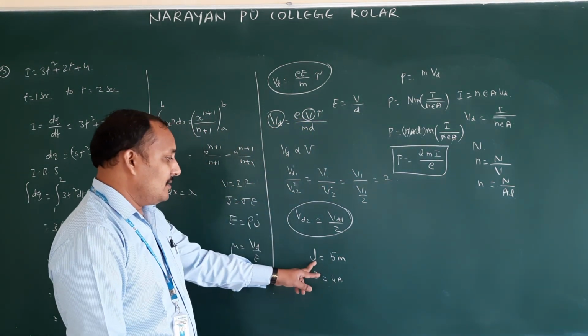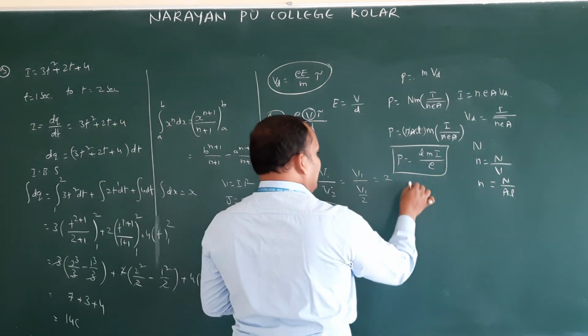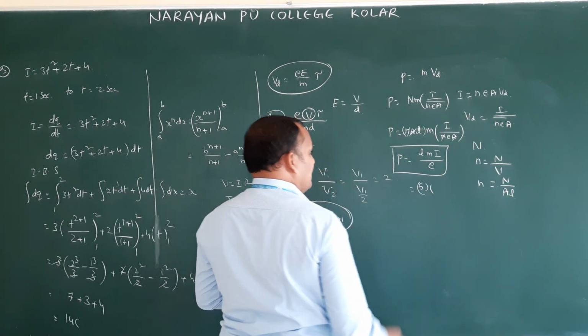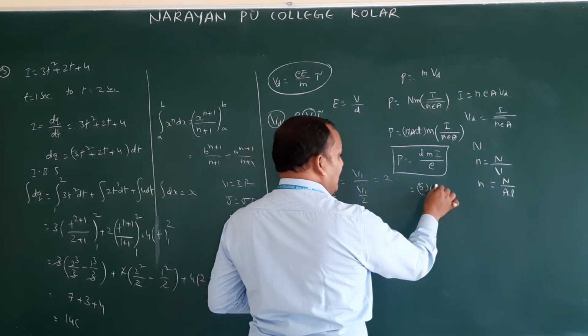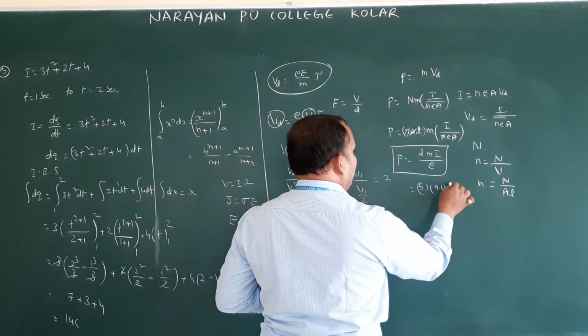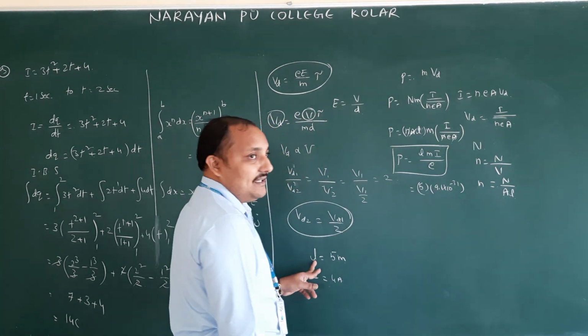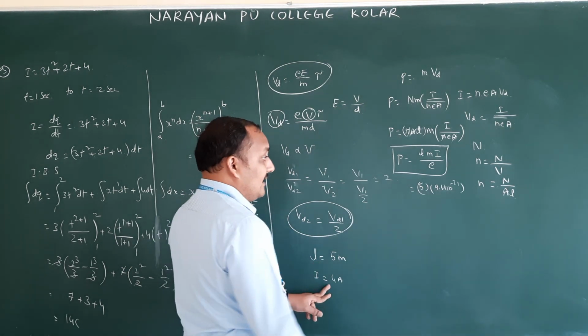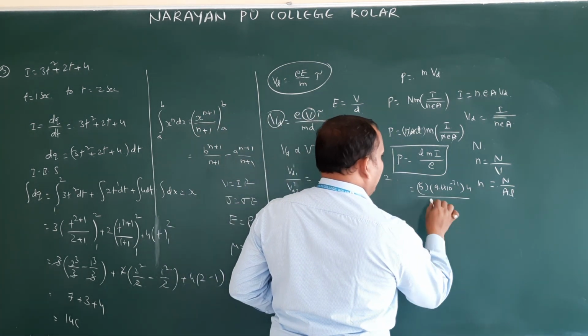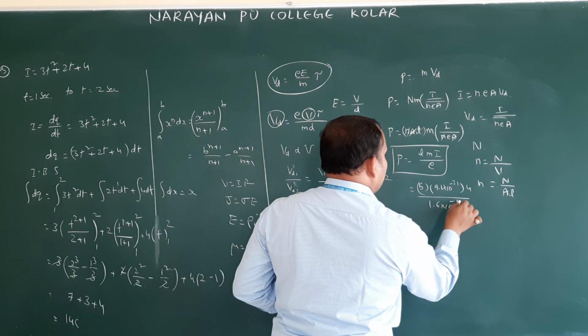Now we have to substitute the values. Length is 5 meters. Mass of the electron is 9.1 into 10 power minus 31 kg. Current they gave is 4, divided by 1.6 into 10 power minus 19, the charge of the electron.